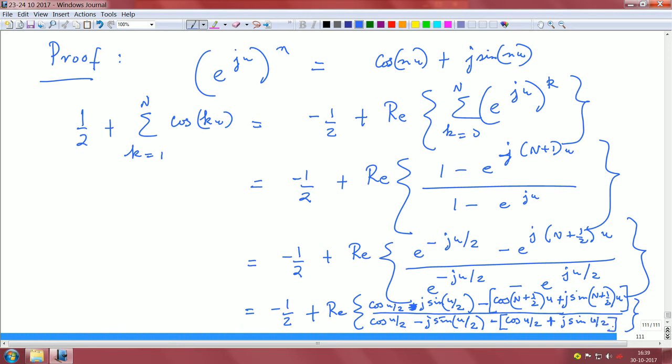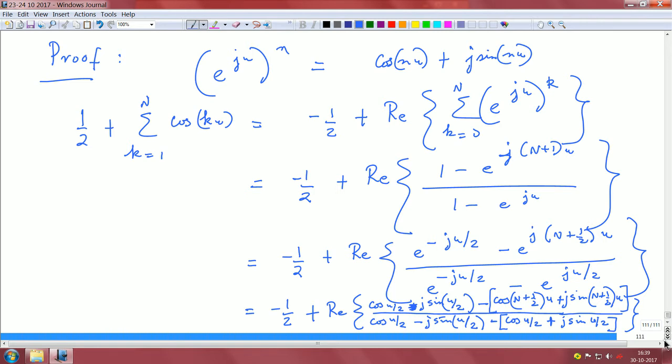It is just routine algebra, right. If you are very shrewd, you will notice that if you group the j terms appropriately here, it will cancel out. So this cos u by 2 minus cos u upon 2 will cancel out. In the denominator you will be landing up with minus 2j sin u upon 2, right.